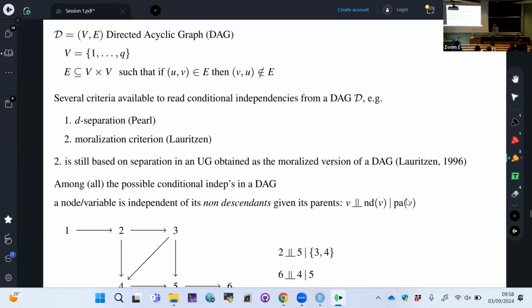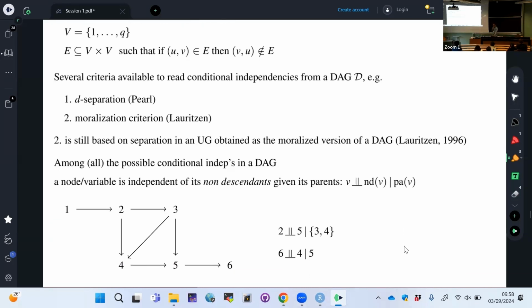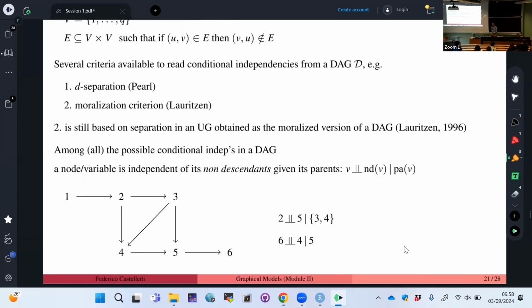In particular, among all possible conditional independencies that you can read from a DAG, let me just recall one which is quite useful. We have that a node variable is independent of its non-descendants given its parents. So what are the non-descendants? Basically, they are all the nodes that precede the node in the ordering that you obtain by following the directed edges.